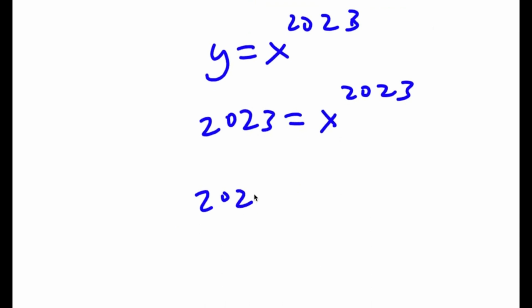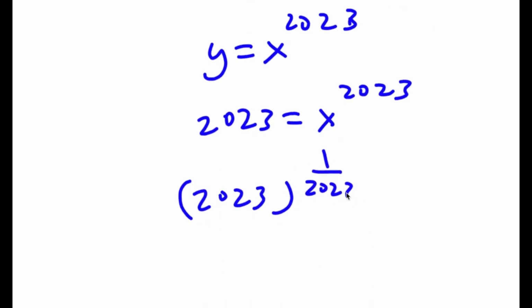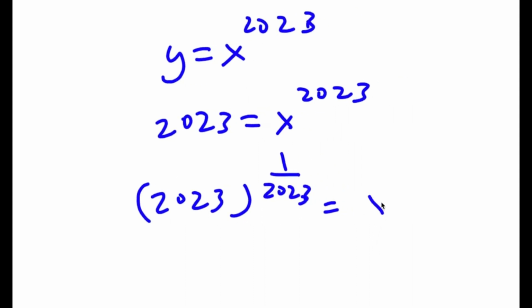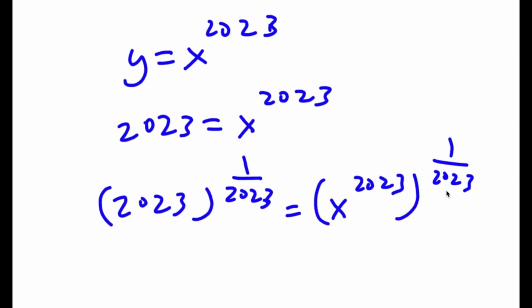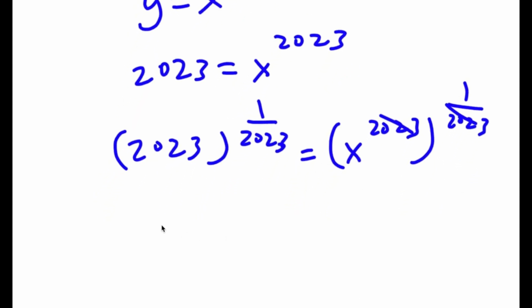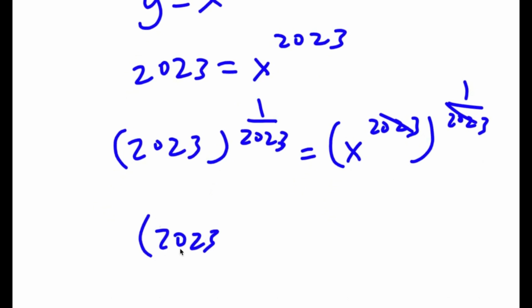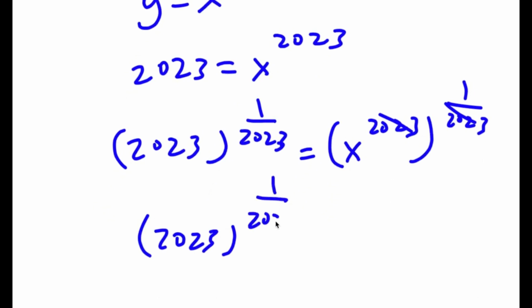So now I have 2023 to the power of 1 over 2023 is equal to x to the power of 2023 to the power of 1 over 2023. So then these two cancel out, and I would be left with 2023 to the power of 1 over 2023 is equal to x.